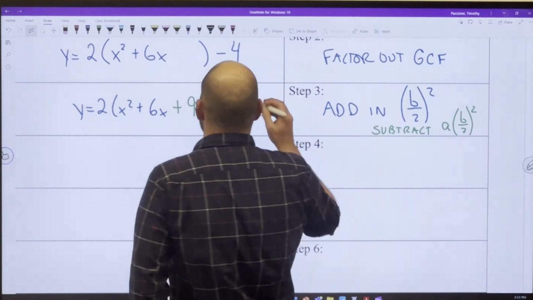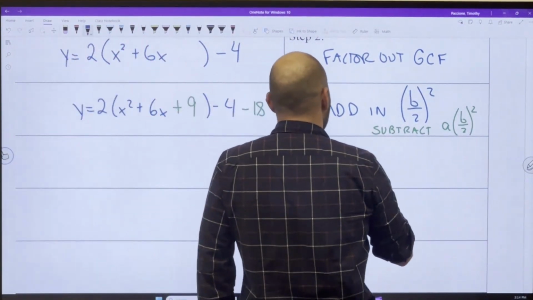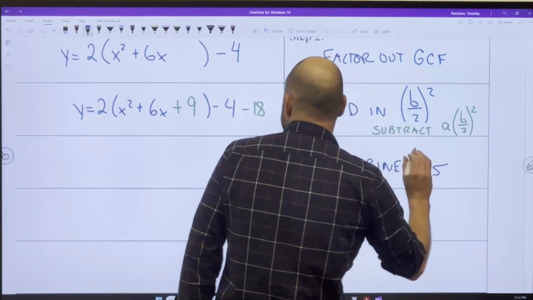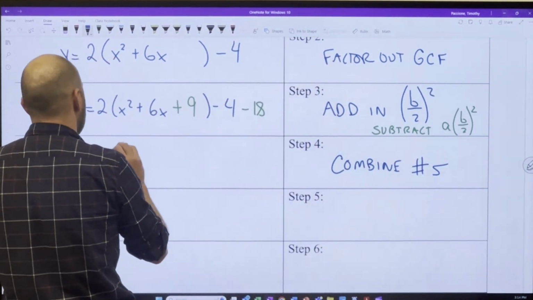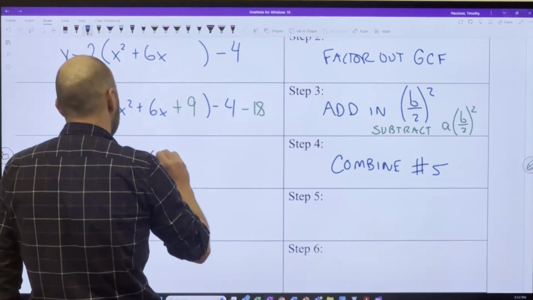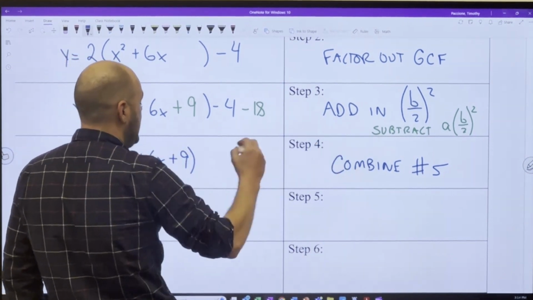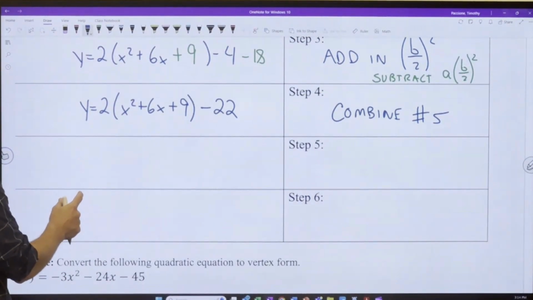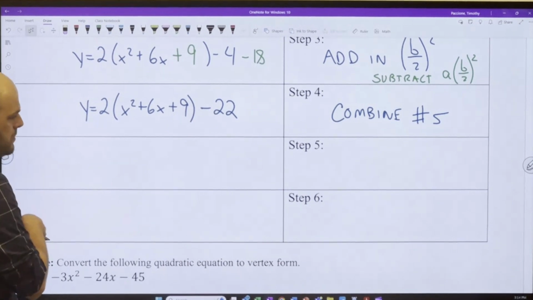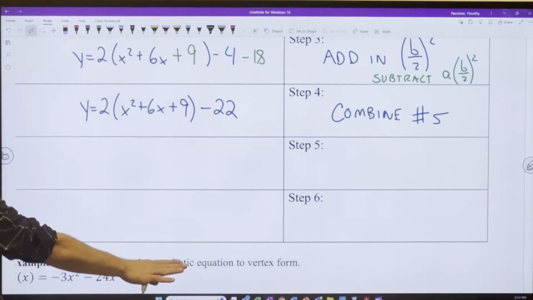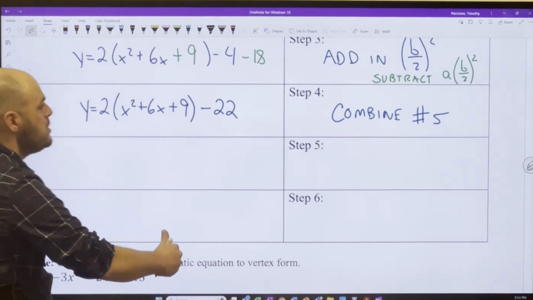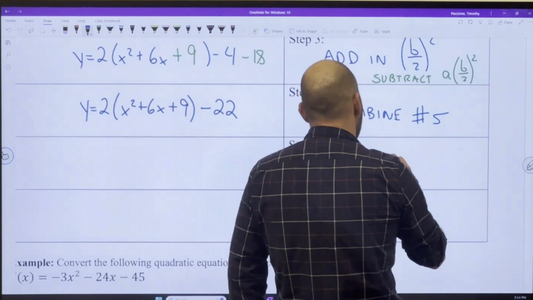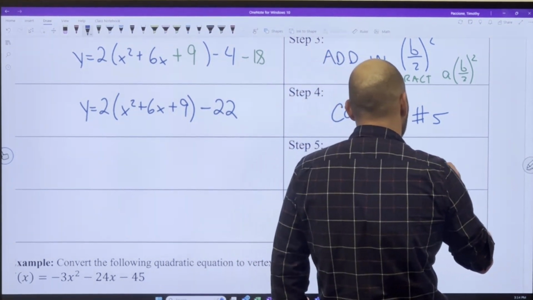Now, next step, now we're back into our normal steps. Combine your numbers. So I get y equals 2 times x squared plus 6x plus 9, and then minus 22. Now I can factor this. I can either do it in 2 steps or 1, if you know how to just turn it into a perfect square.